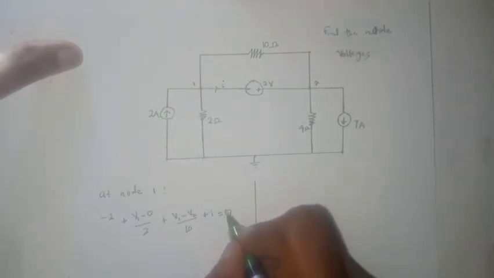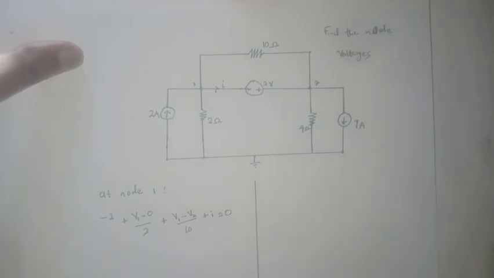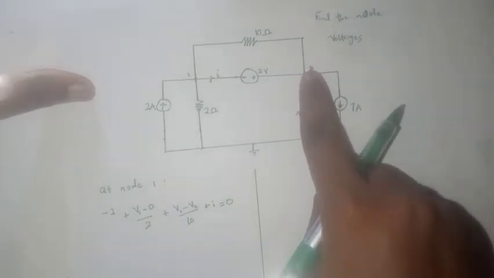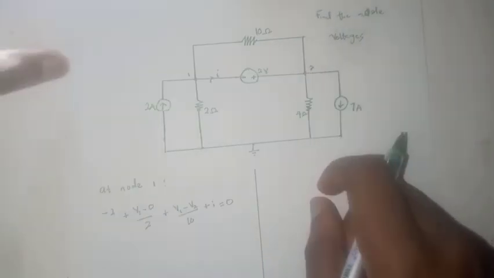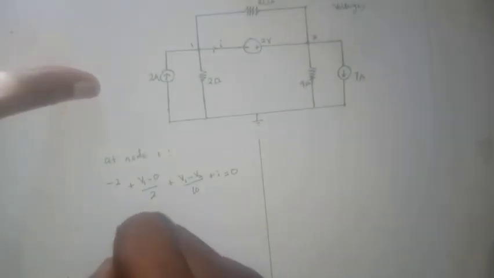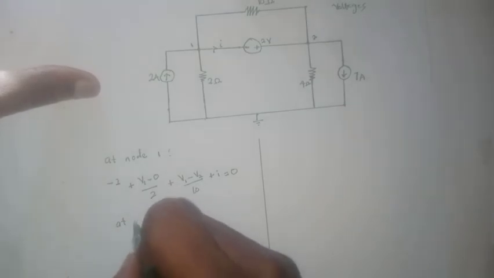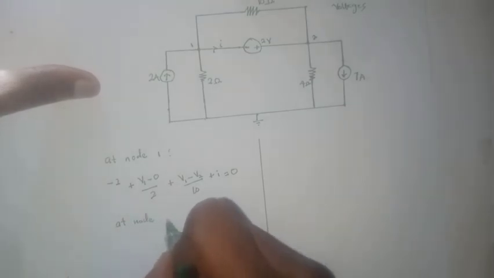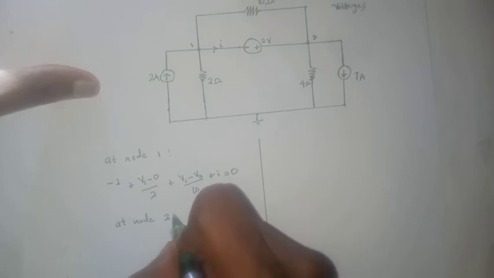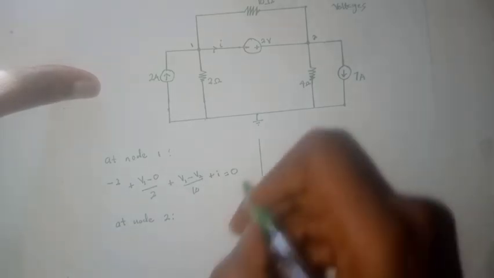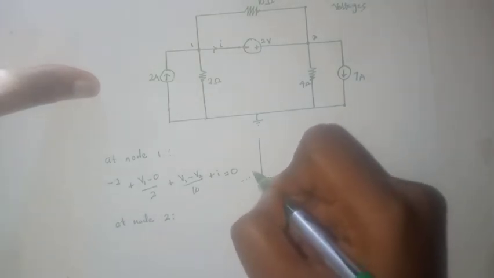Then we equate everything to 0 according to Kirchhoff's current law. Let's call this our first equation. Then we proceed to node 2.